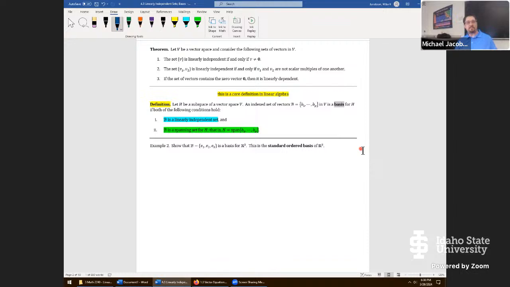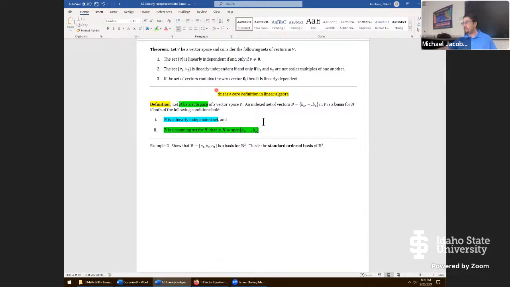Think of it as a way of defining addresses and coordinates to every single vector that lives there. And all it boils down to are the two definitions that we've been working hard on all along, really since the first chapter. A basis is a set of vectors that's linearly independent that also spans the set H that we're interested in. Let me highlight that in green just to tie that together. So that's what we'll return to when we come back on Thursday's class.